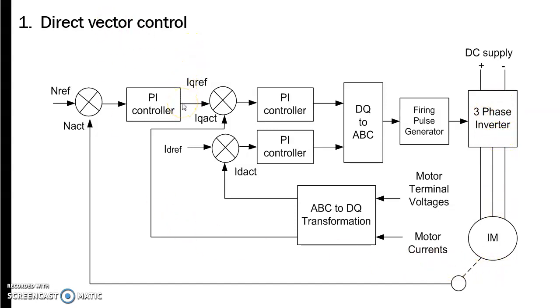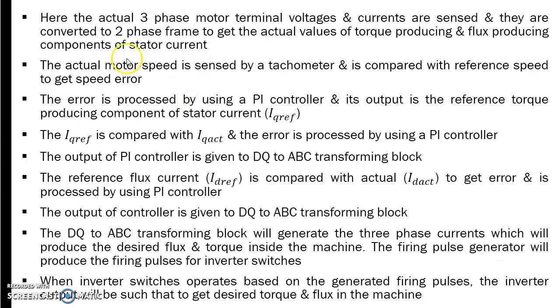This is what I explained here. The actual three-phase motor terminal voltages and currents are sensed and converted into a two-phase frame to get the actual values of the torque producing and flux producing components of the stator current. Actual motor speed is sensed by the tachometer and compared with the reference to get the speed error.